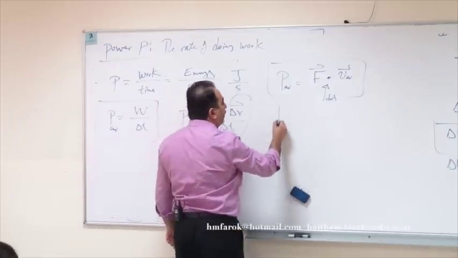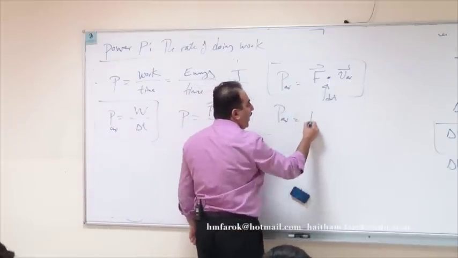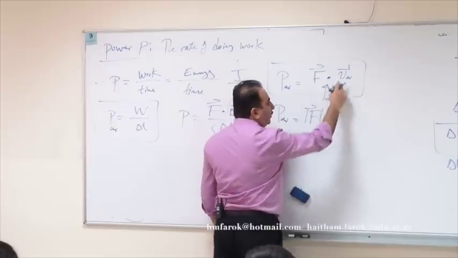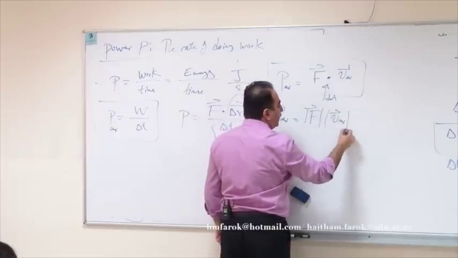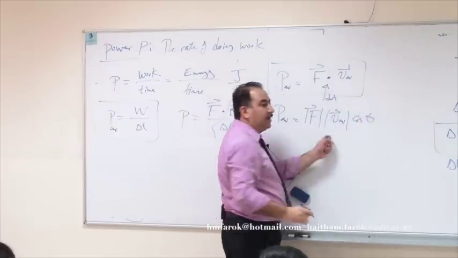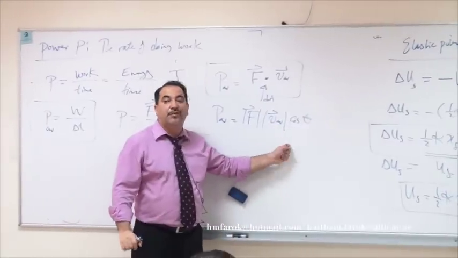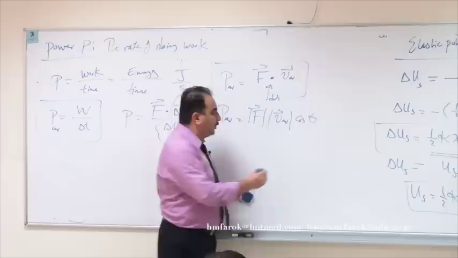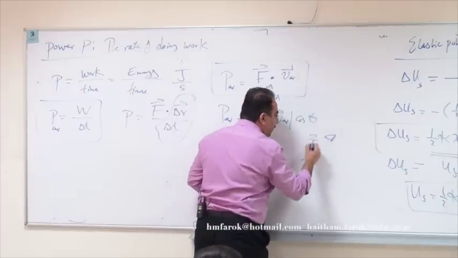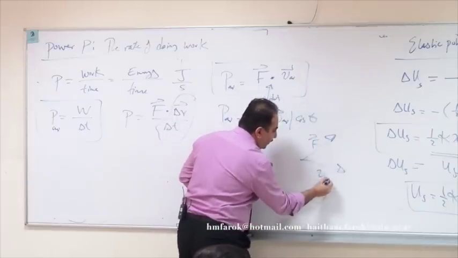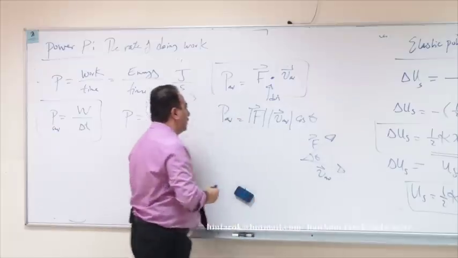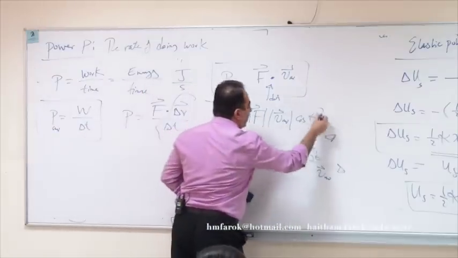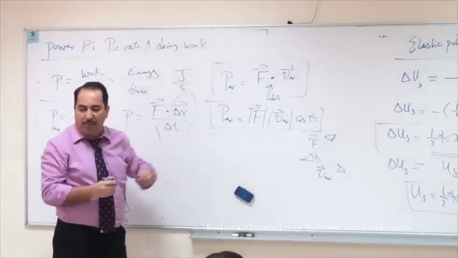Now, what is the other way to find average power? F magnitude, average velocity magnitude, cosine of the angle between them. Be careful, this is the angle between velocity and force, not between velocity and displacement. This is not work. Between F and V average. So this is average power. Write the title, average power.